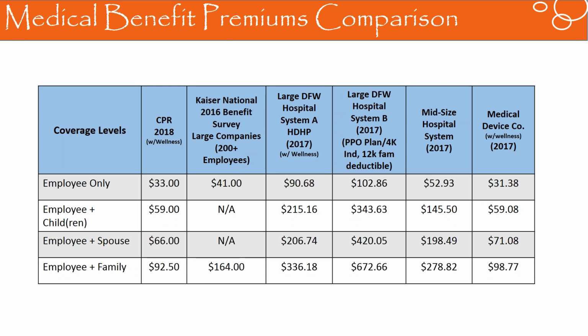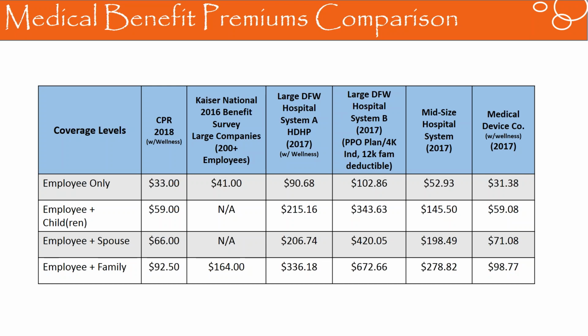Employee plus family nationally trends at $164. They didn't have information on the other levels, so it's not there. We also have some DFW information there. I'm not going to mention who the large hospital systems are. I won't name names. You could probably guess who they are. You'll notice that we are very well below even their costs there.